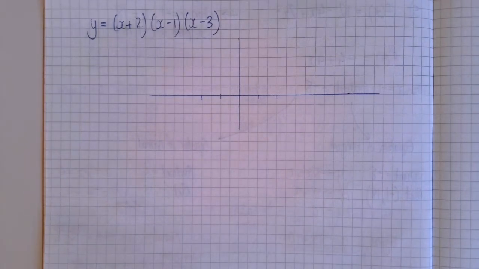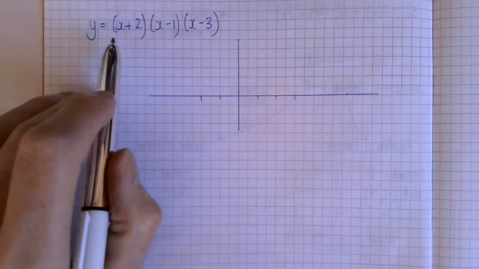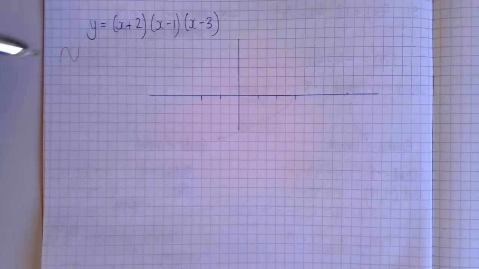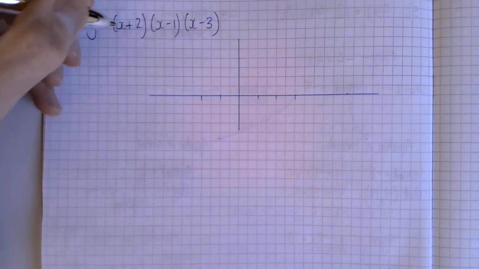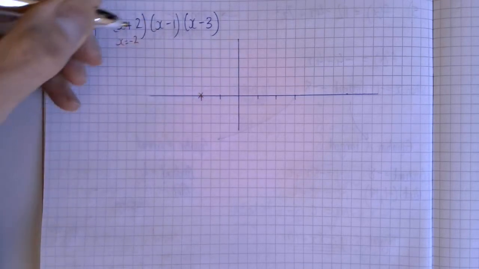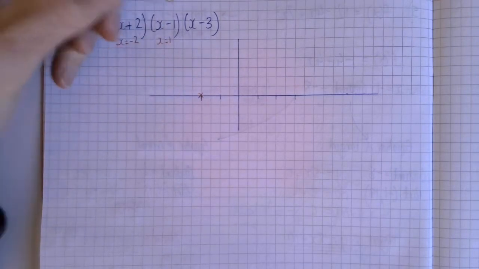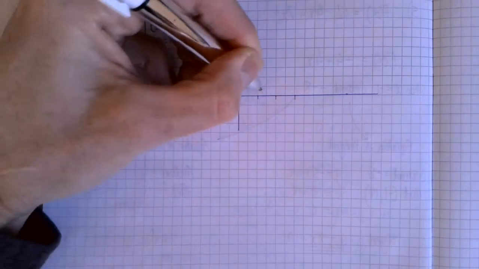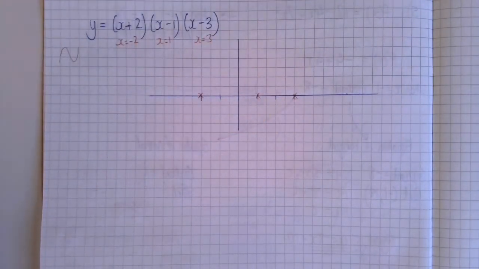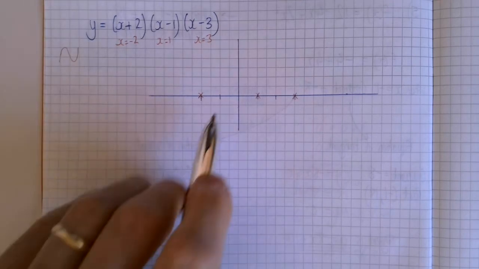Now, do you remember when we were sketching cubics? I know that this cubic function, if I multiplied it out, is going to be a positive cubic, so it's going to be a happy cubic. Those are the ones that start low and finish high. And I know it's got roots at -2, +1, and +3. So I can have a stab at sketching it.